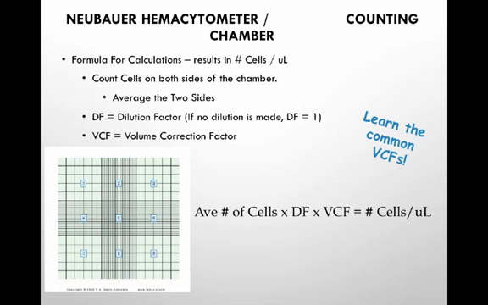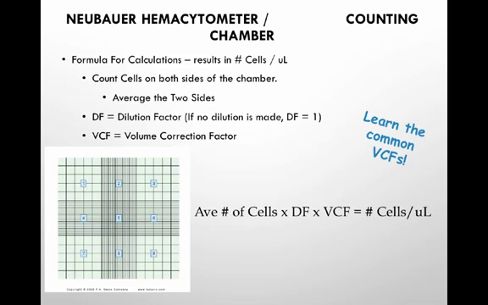The dilution factor: in this case, typically we do not dilute, so this number will be 1 if we use straight fluid, and a 1-to-1 dilution if we have to dilute. So the dilution factor for CSF is typically 1.